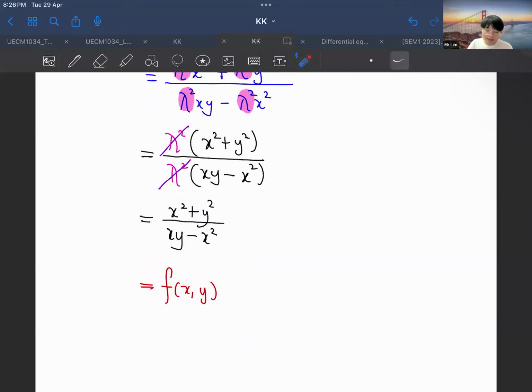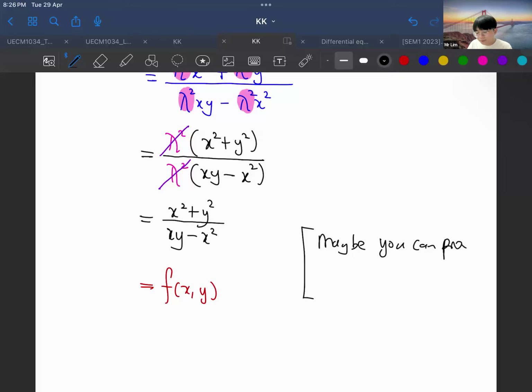Maybe you can provide an example that is not homogeneous and show why. That's your own job, okay?